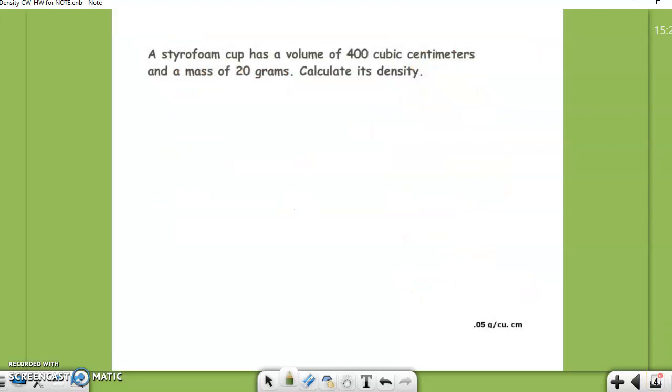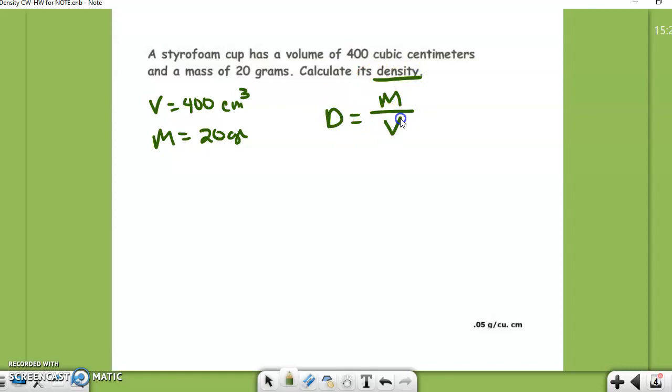Now we don't have ourselves an illustration to go for, but a styrofoam cup has a volume, so I know that V equals 400 centimeters cubed, cubic centimeters, and mass is 20 grams. Calculate density. Density equals mass divided by volume. So here my density is much easier.